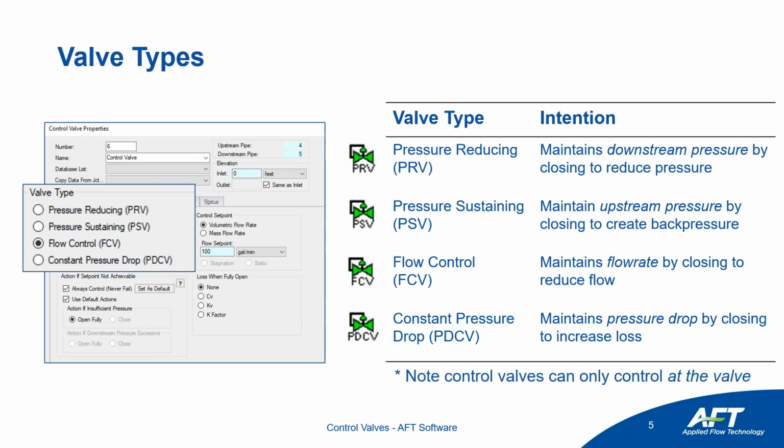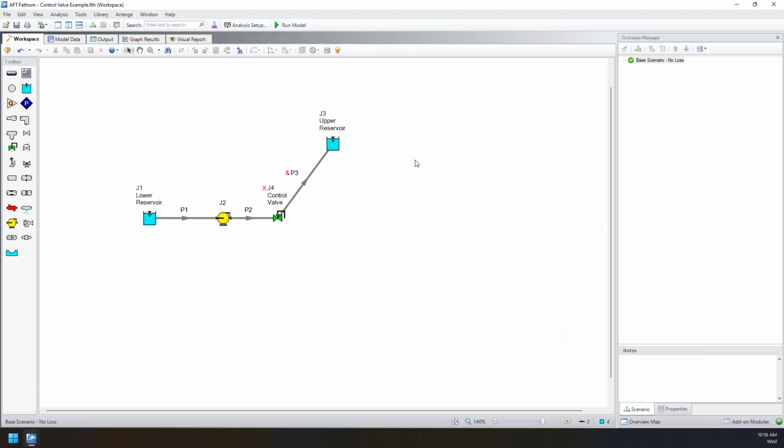So one other thing to note, and why the conclusion of the webinar kind of highlights additional control options, is that these control valves are only going to be controlling at the valve itself. So if you need to control a further downstream pressure, let's say I have a consumer all the way down here and there's branching piping, there's a lot of other components to consider.